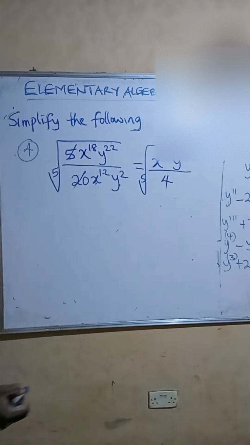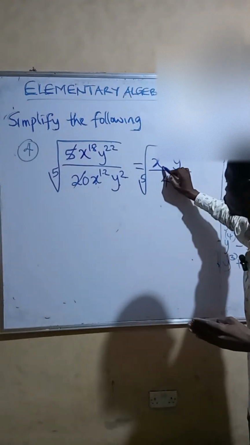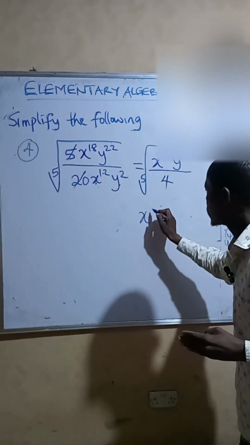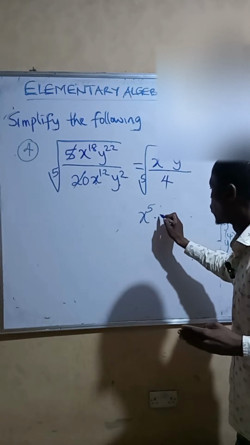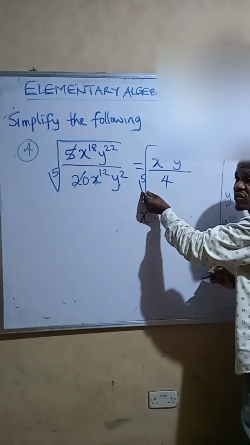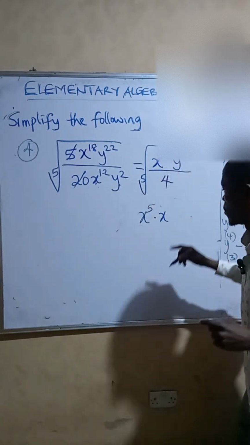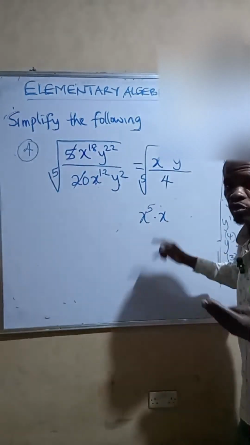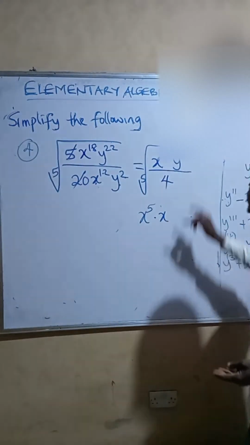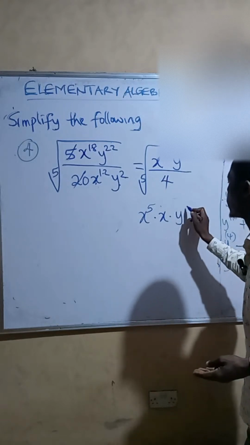So what can we do now? We can try to split this one into 2 parts. We're going to have x^5 times x^1. I'll tell you why. Because if you remove this fifth root, the power will be 1 over 5. So that's why I split this one into 2, power 5 and power 1. This one, we can make it also in form of 5.